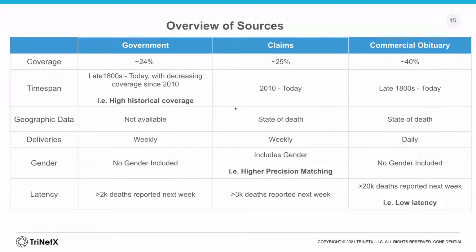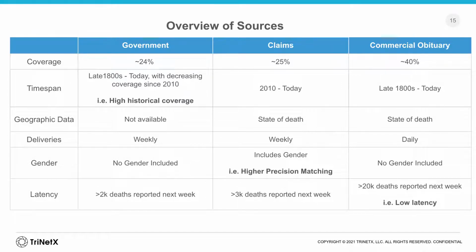So diving a little bit deeper, on this page, you can see a breakdown of the attributes for each type of source. And in particular, I want to call out a couple things. So for a government source, it has the highest historical coverage going back to the 1800s.